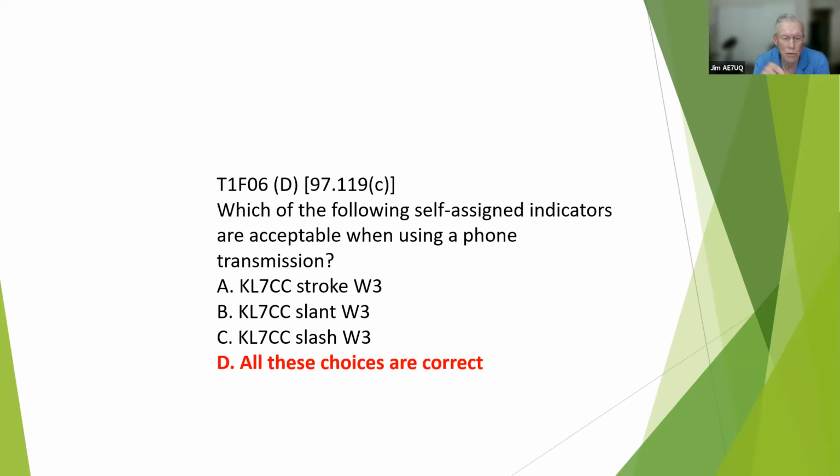For example, this would mean that KL7CC/W3 is operating in the 3 zone. It does come up in our area, being right close to the Canadian border. For example, if I go across the border into BC, I would say this is AE7UQ/VE7. That tells somebody that I have an American license, I'm operating in Canada, there's a reciprocal arrangement with Canada, and I'm operating in BC.